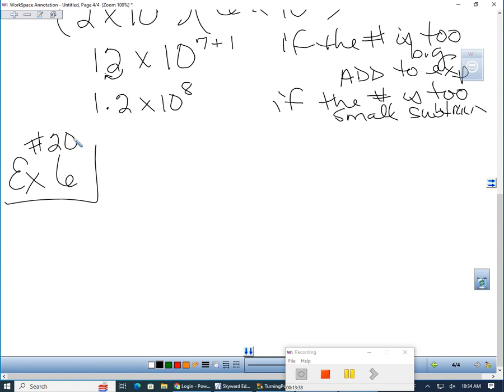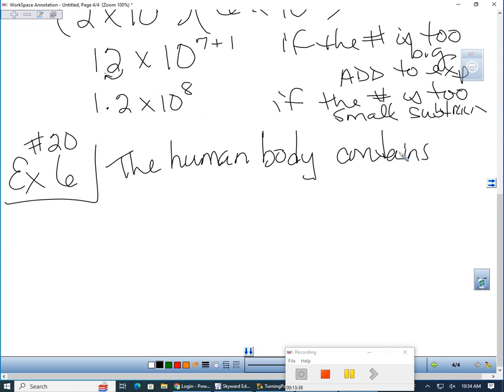So maybe, I'm making up the numbers here, let's say the human body contains 2.7 times 10 to the 7th microliters of blood.